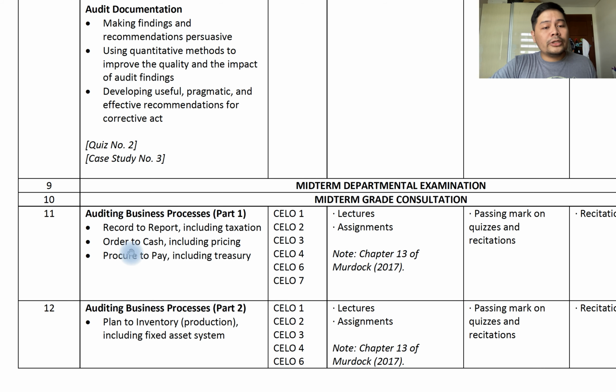Okay, your order to cash, including pricing, it's your expenditure cycle, particularly on ordering raw materials, converting it into finished goods, and selling it to your customer, and pwedeng on account, then how it will be collected. Now for the procure to pay, ito yung bumili tayo ng materials, and then paano natin babayaran, so including the treasury.